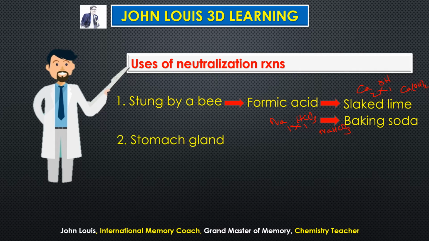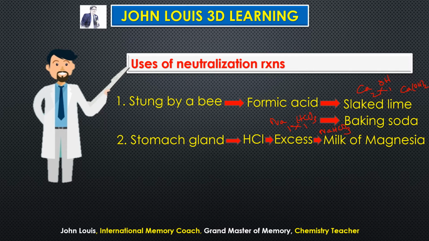Okay, what is the second application of neutralization reaction? Stomach gland. The stomach gland secretes what acid? Hydrochloric acid. So when hydrochloric acid is in excess in our stomach, we get an irritating feeling inside the stomach. That is the time when we are given milk of magnesia, that is magnesium hydroxide. Milk of magnesia is nothing but magnesium hydroxide.